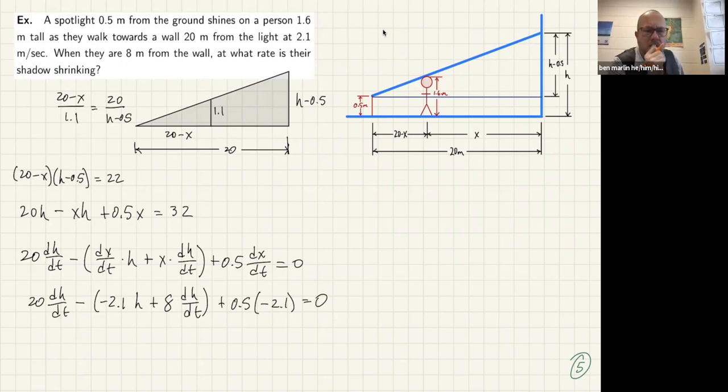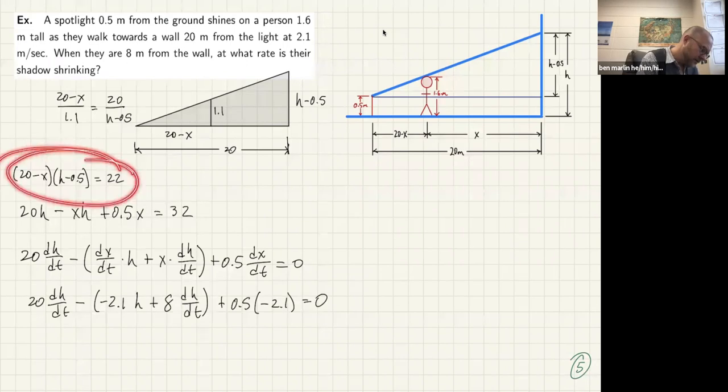We don't have a value for h. We can get it though, can't we? Because if you come back over here to this expression, that's probably the easier way to do it.